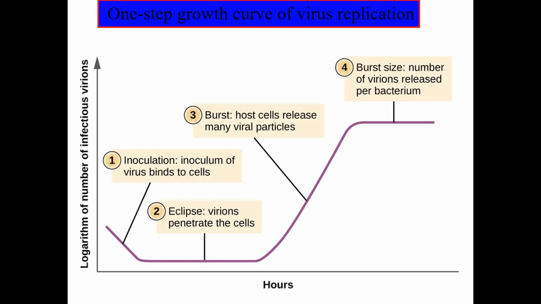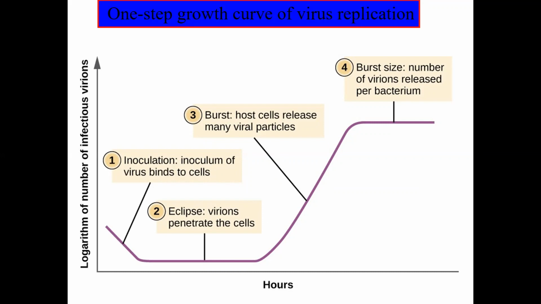So you have 4 different stages. The inoculation stage, where the virus binds to the cell. Then you have an eclipse stage, the point by which all of the viral particles are present inside of the host cell. They are multiplying using the host mechanisms and the host structures to allow for the creation and assembly of new viral particles. When it lyses the bacterial cell or the host cell, it releases all of those viral particles.